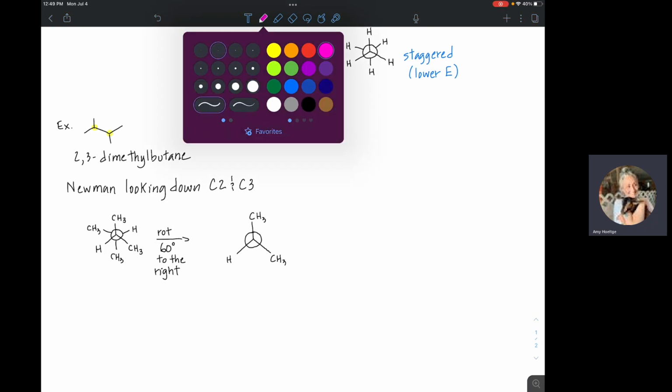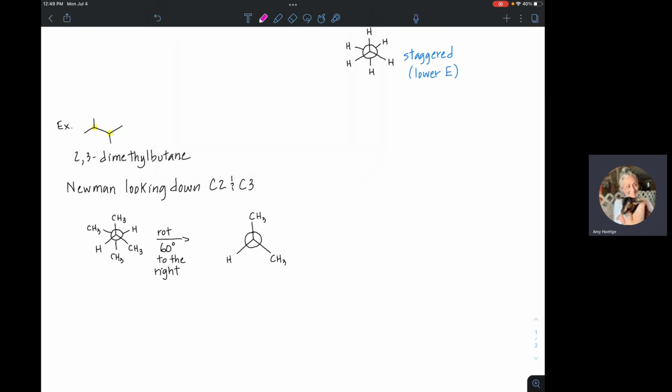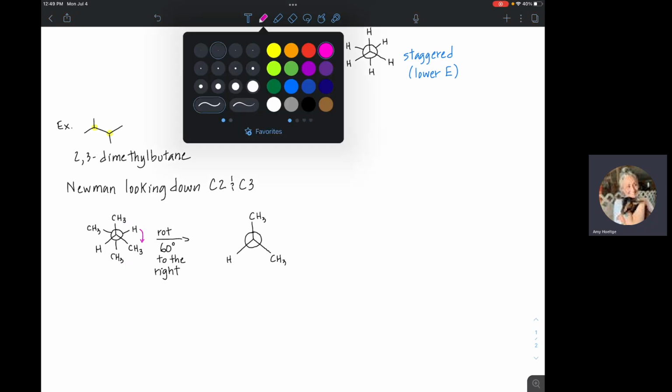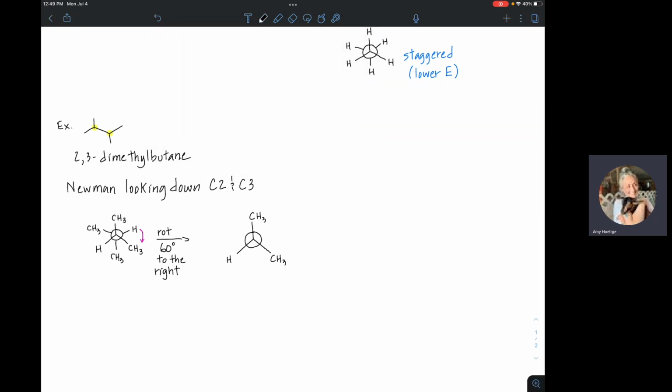So in other words, I'm going to go like this, 60 degrees. The best way to do this, so you can still see the group in the back, because it's going to be directly behind the methyl group, is that I'm going to put this here, super close, so that you can still see it, but realize that's behind the methyl group.